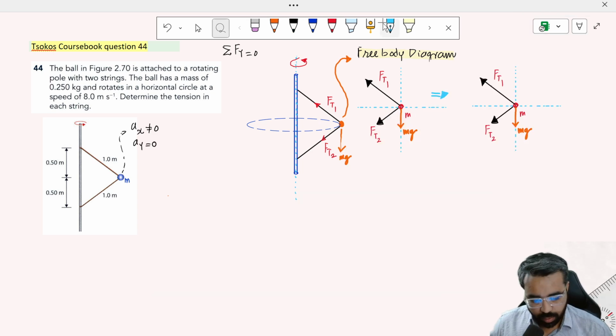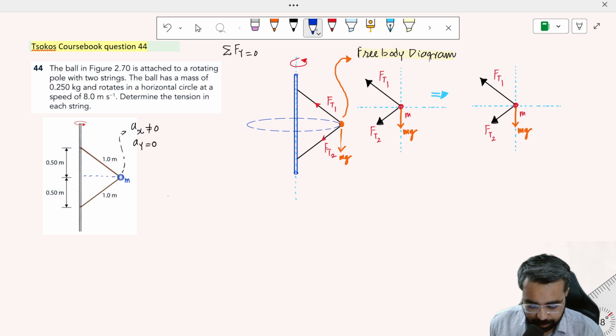Okay students, before we break the vectors into components in the next diagram, I want to show you what angle the string actually makes with the horizontal, and you can assume this is a right angle triangle.